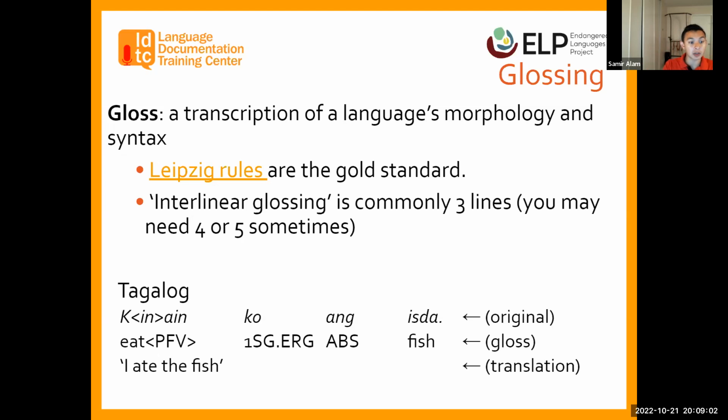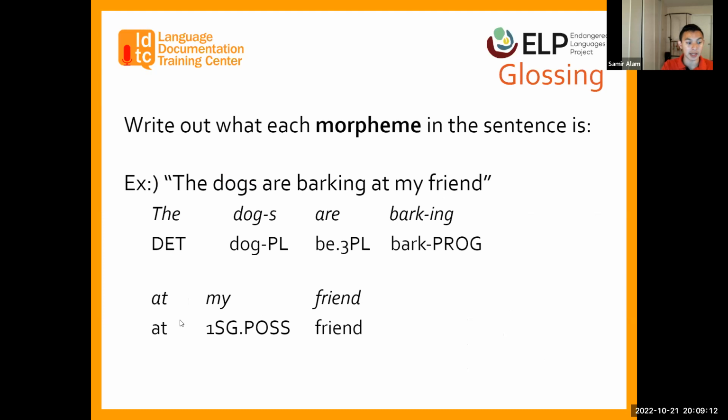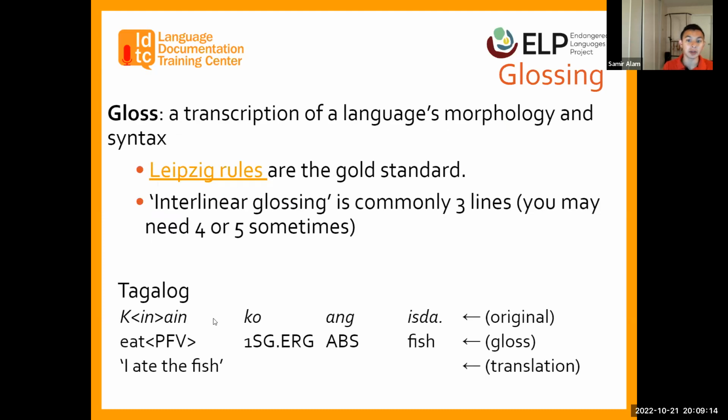A gloss, sometimes called an interlinear gloss, is going to have at least 3 lines to describe the language. The first line is going to be the text as it's spoken. Typically, that's a transcription of the language in the International Phonetic Alphabet, so the sounds of the language can be described and recognized by anybody, not just those who are literate in the language.